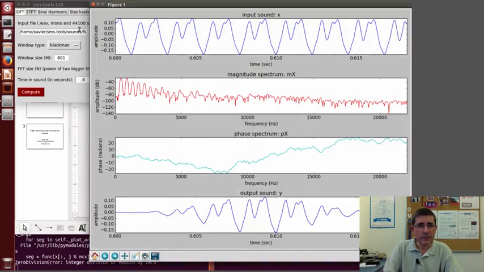Okay, so this is the samples of the input signal, and the spectrum. We see quite well the low frequency harmonics, similar to the organ sound that we analyzed before.